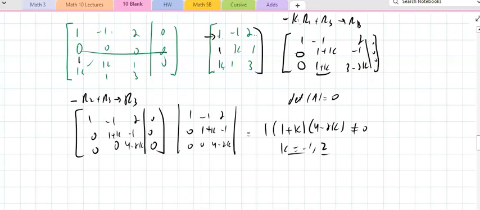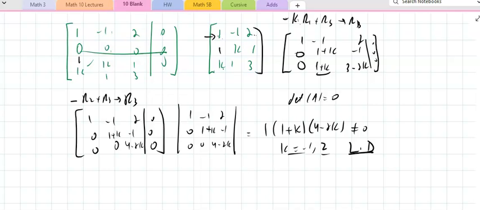If k equals -1 or 2, we'll have linearly dependent, and any other value.